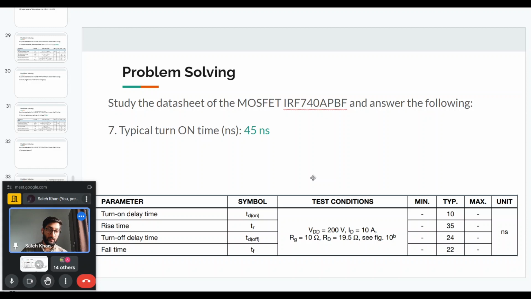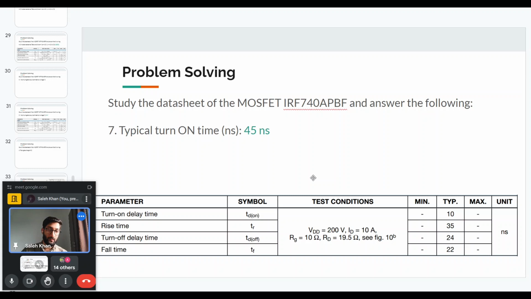The next question is asking about the input capacitance of the MOSFET. And if we see from the data sheet, we will be given the input capacitance, the output capacitance, the reverse transfer capacitance, and then we're also given the output capacitance at different conditions. So the first condition is basically the VDS is 25 volts, and at 25 volts, the output capacitance has a different value, and as the VDS changes, the output capacitance value also changes.